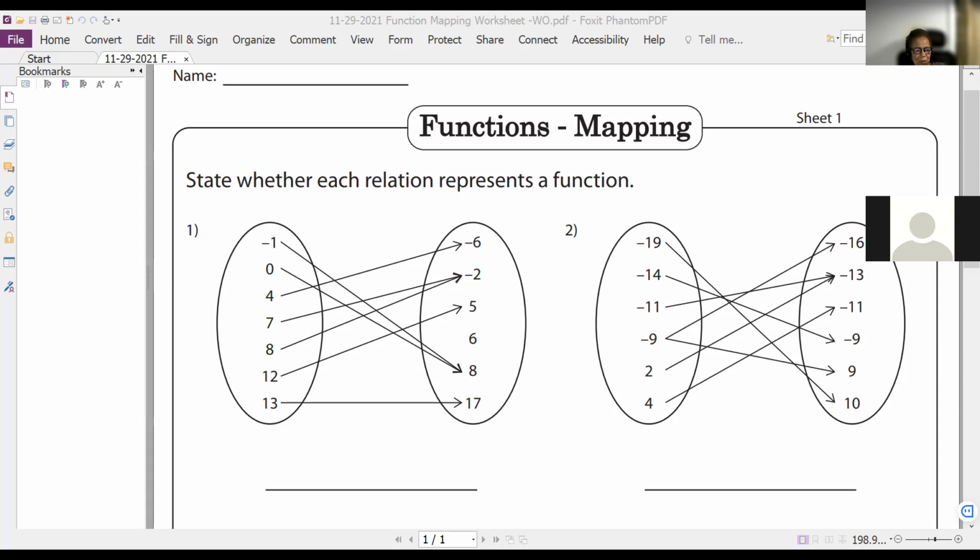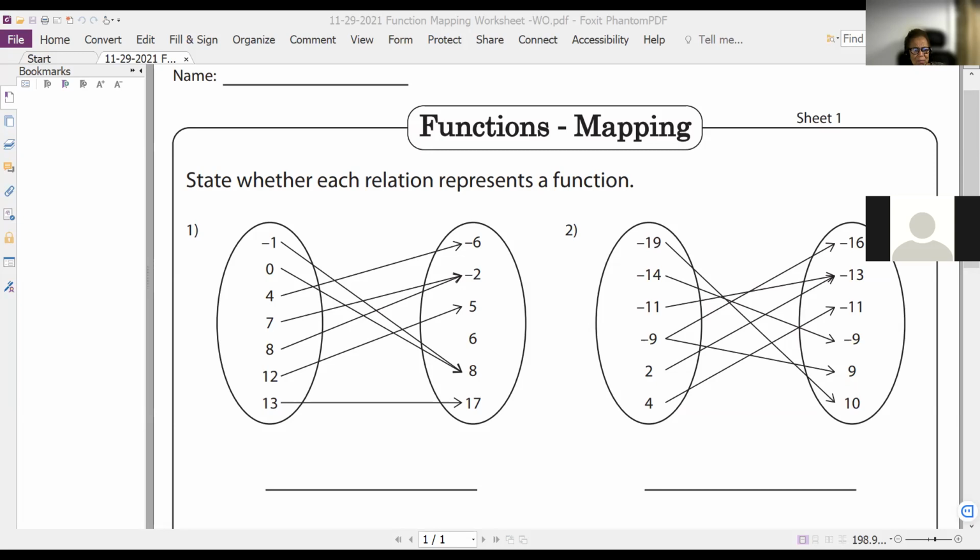You have four elements, A, B, C, D. Does each of these... Only see two. You don't see A, B, C, D? No, it's only two I see. Okay. Now do you see it? No. It's only 1, 2 I see. You don't see A, B, C, D, and A? No. What do you see, Latoya? I don't see that. I see 'state whether each relation represents a function.' And it's 4 circles only.